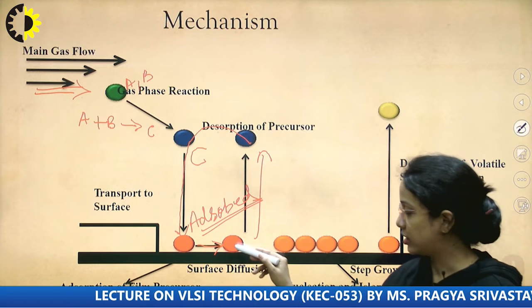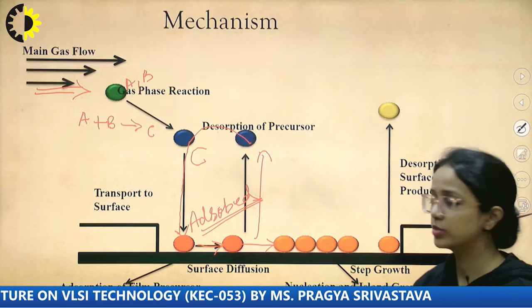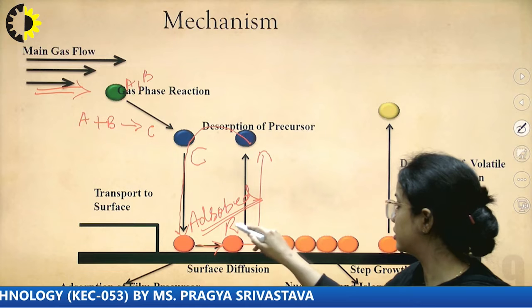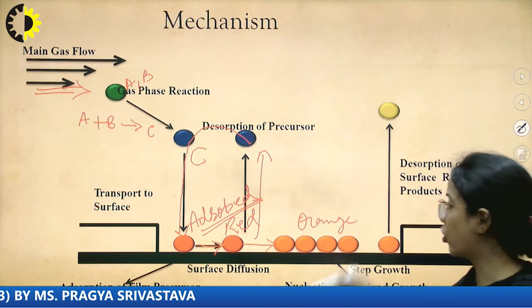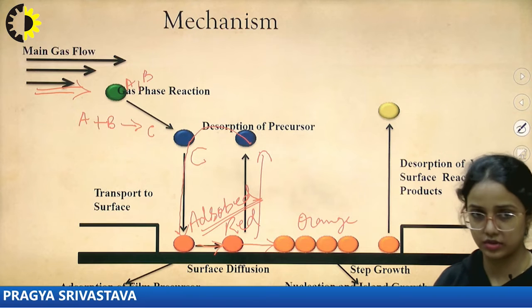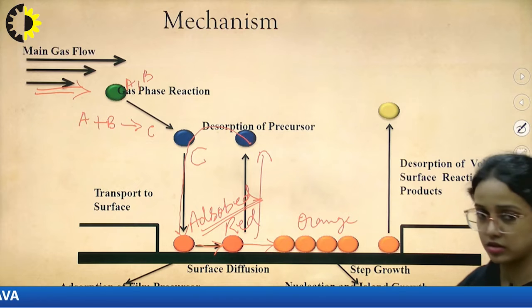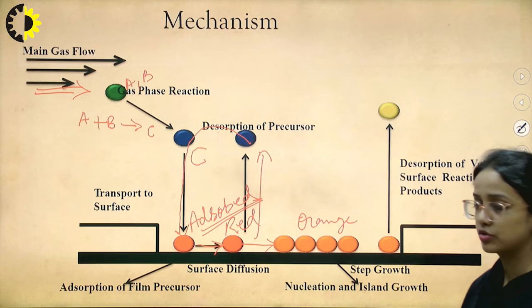Let us consider another case when the molecule has successfully adsorbed on the surface. We can see the color has changed from red to orange. This orange color shows that it has deposited. Once it is deposited, the deposition process is complete, and it changes its color to red.